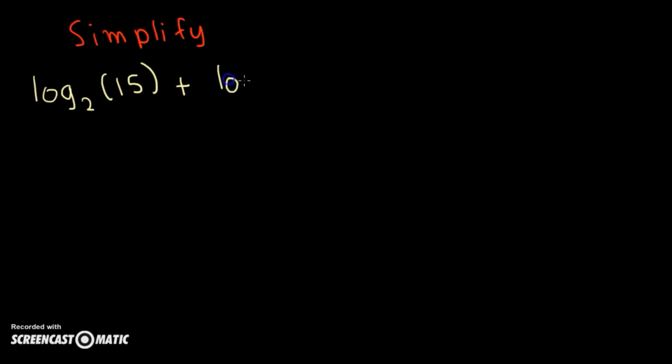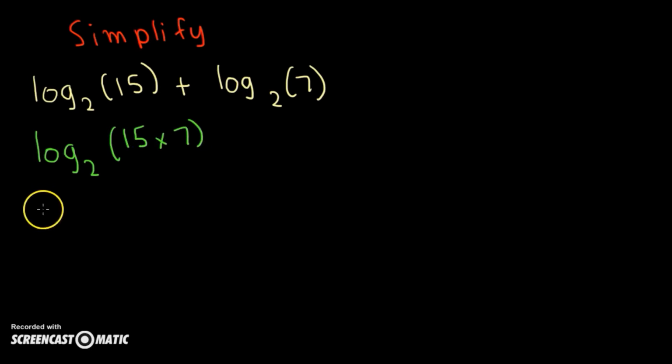And for this one, we just have to simplify it. Log to the base 2 of 15 plus log to the base 2 of 7. For this one, you just multiply the inside, so 15 times 7, which equals log to the base 2 of 105.